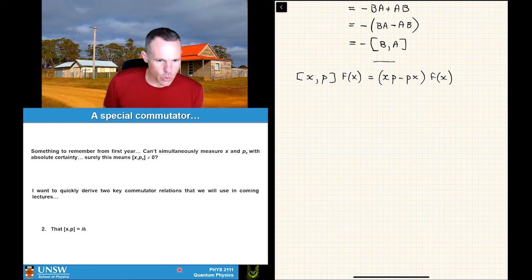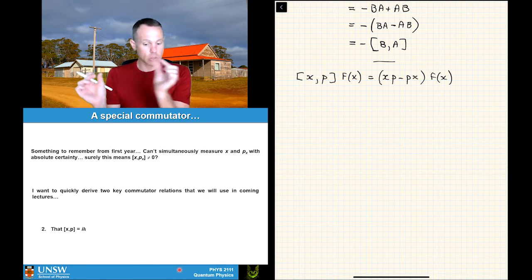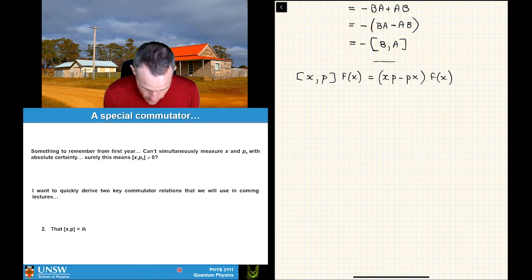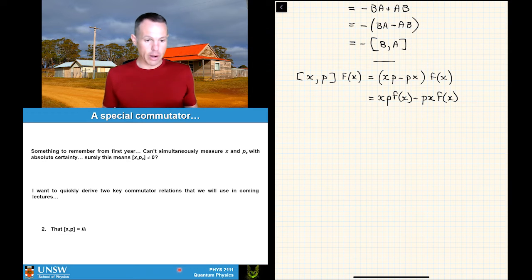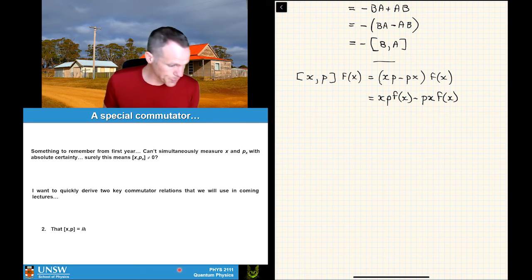What we would now do is we can multiply that out to the function on two sides. So we can write this as xp f of x minus px f of x. A function is not an operator, so this is perfectly okay. I just can't go reversing the order of my operators.